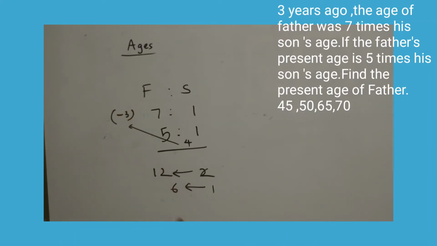Now if you take the ratio father is to son, 7 6s are 42, 6 1s are 6. This is 3 years ago. Present age is 42 plus 3, 45. And 6 plus 3, 9.